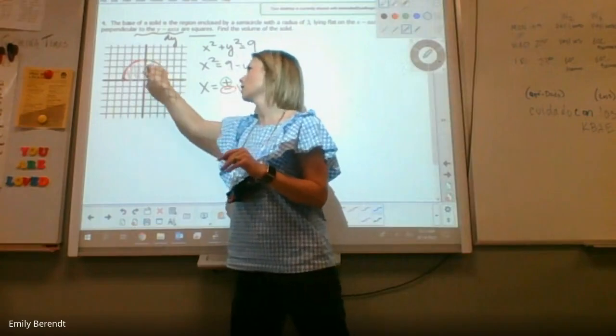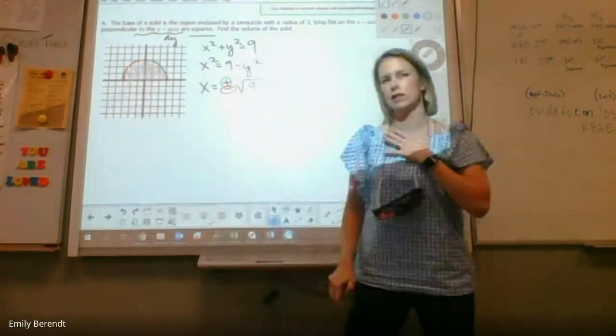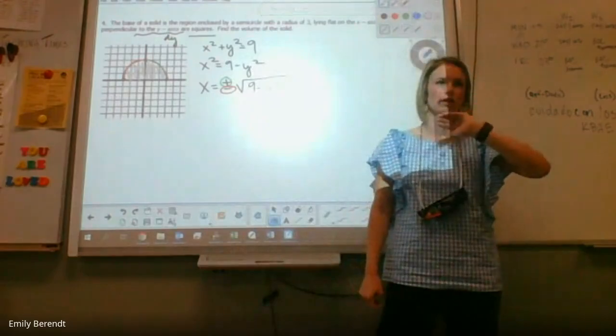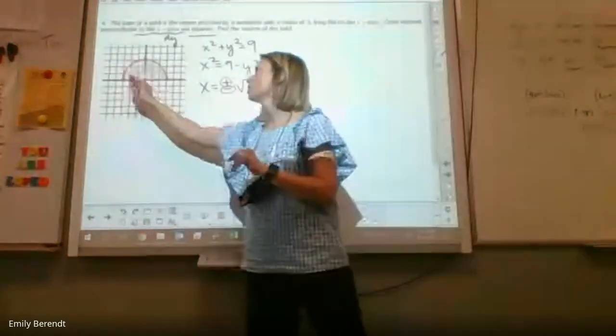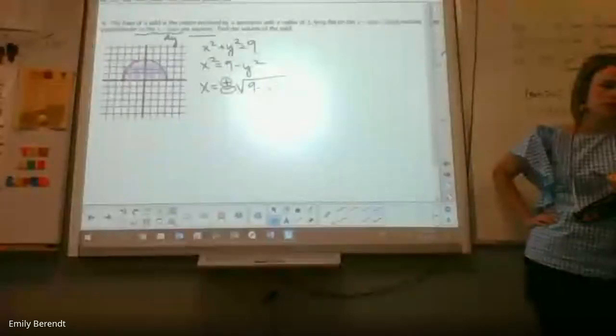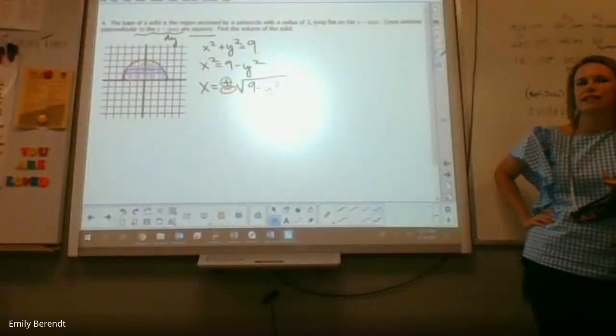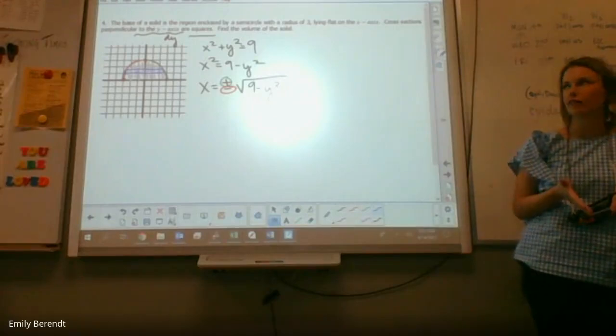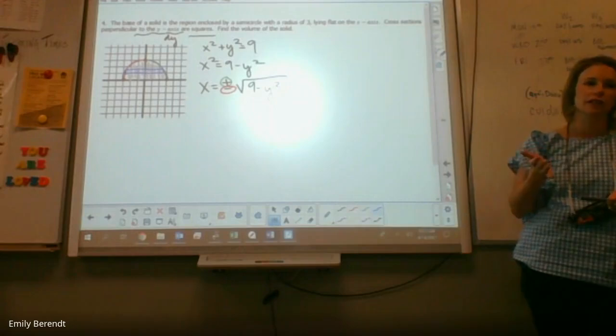The reason I color coded that is because our representative rectangle isn't vertical, it's horizontal. So the right side of that rectangle is touching which portion of the root? The positive, and the left side of the rectangle is touching the negative.